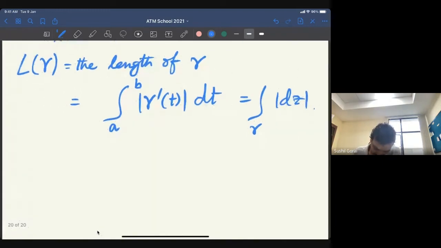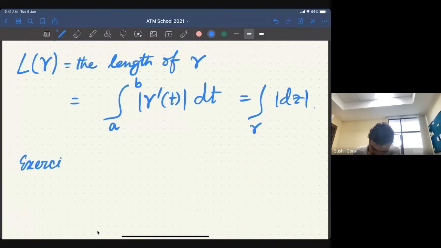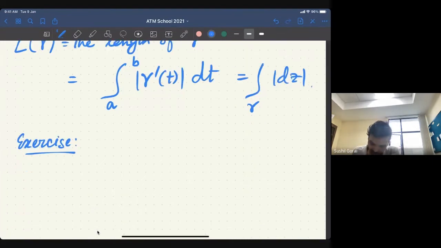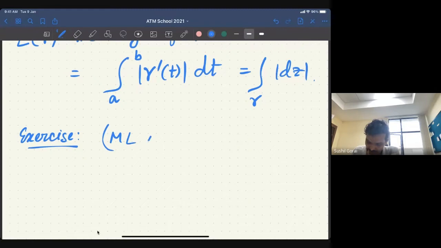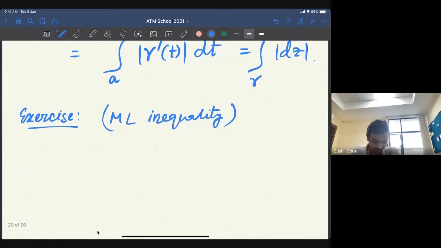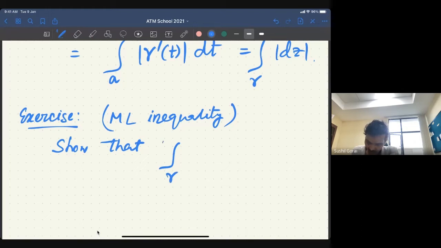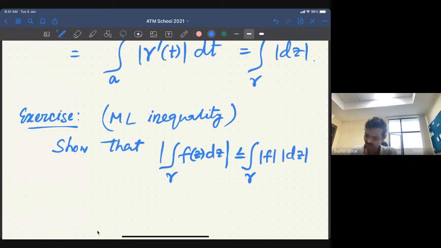So an exercise. This you know as the ML inequality. I'll just put it in this way: the integration over gamma of mod of f z dz is less or equal to integration over gamma mod f mod dz.